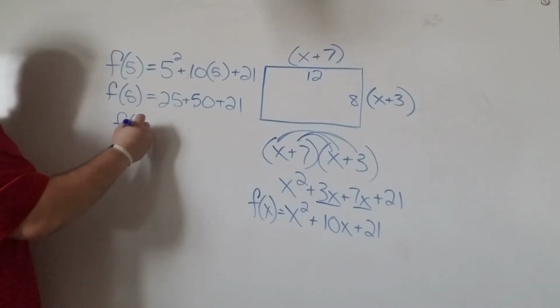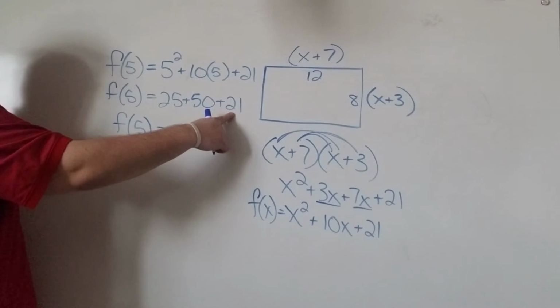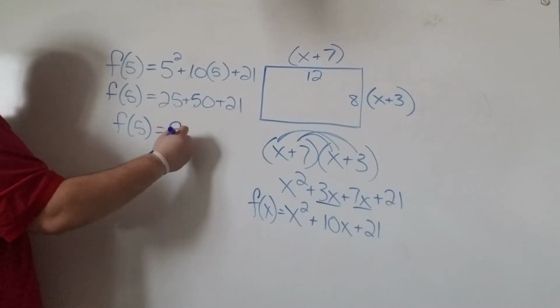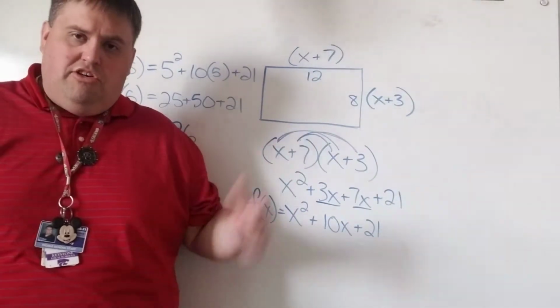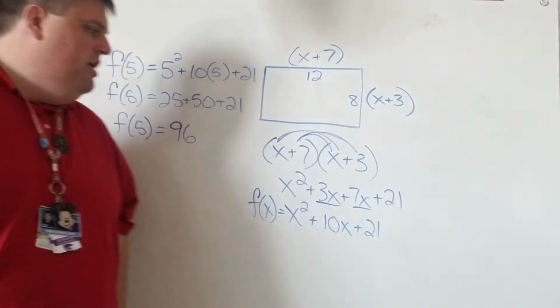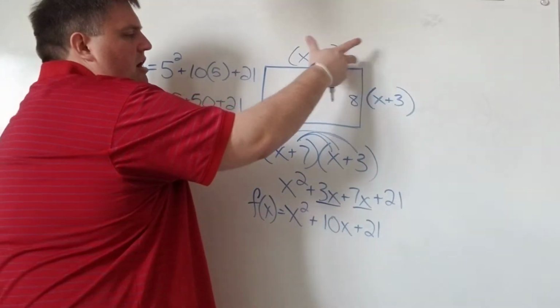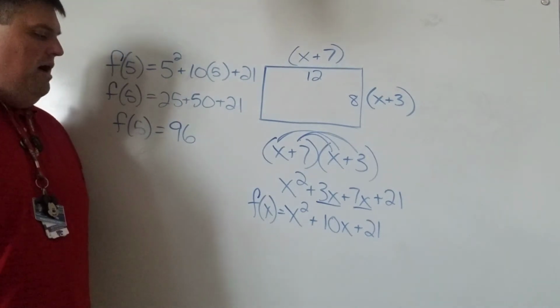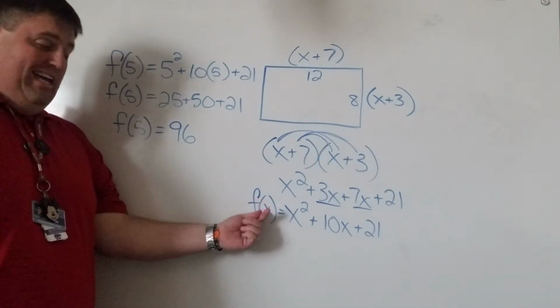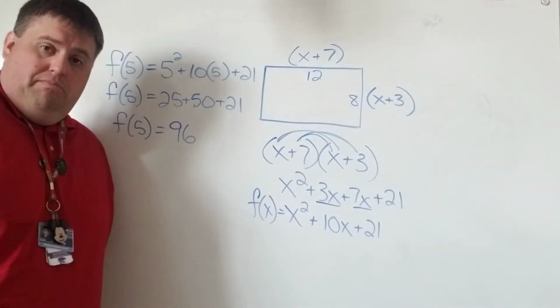And if you add all of those lovely numbers together, 25, 75, 80, 96, is exactly what we would have got from just the picture model, right? So it's really cool. That will actually always work. Once we multiply our binomials together and we get this quadratic function, I can plug in any number I want for x, and it's going to spit out what the actual area of this model would be.